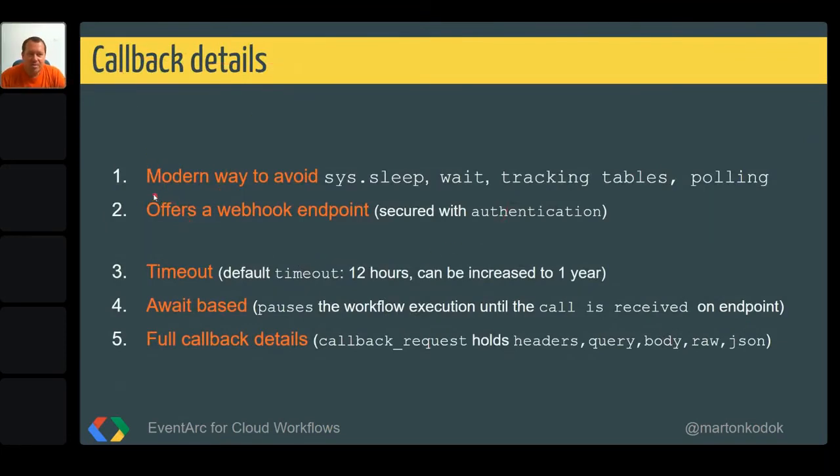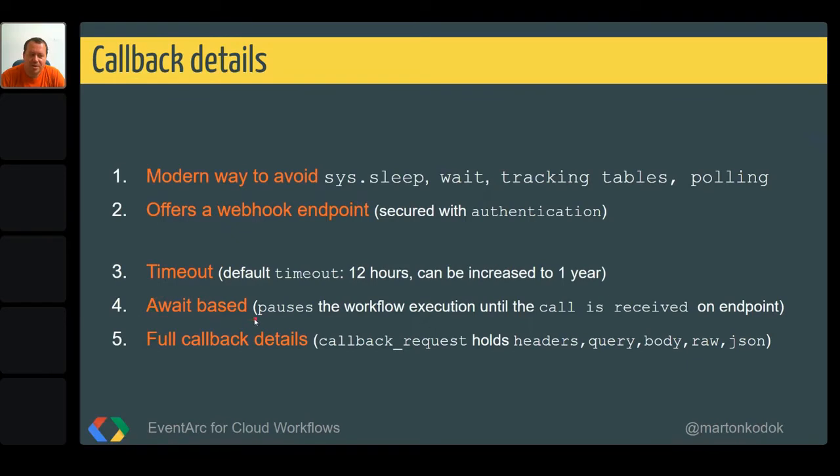Callback details are a modern way to avoid sleep, wait, tracking tables, and polling, which are now things of the past. It offers a webhook endpoint secured with authentication, so our application can signal securely that the process needs to continue. You can configure a timeout.